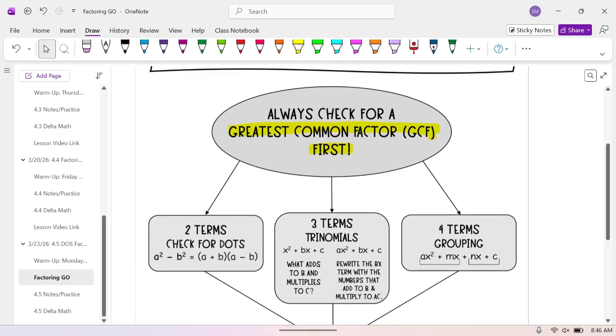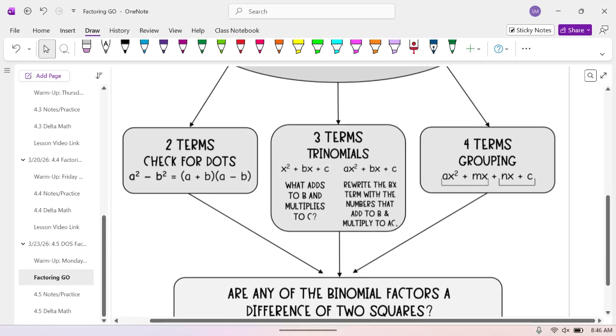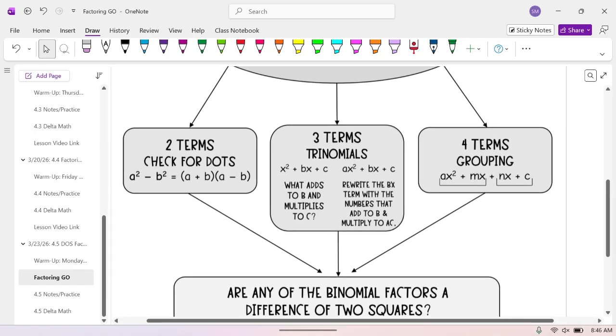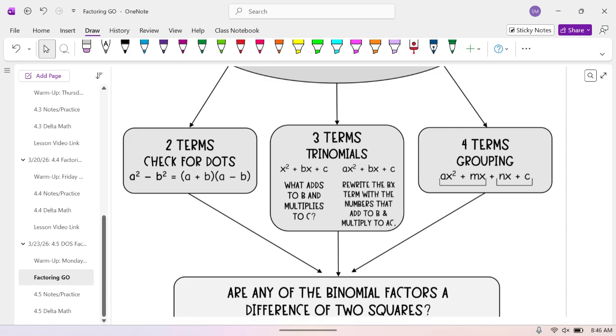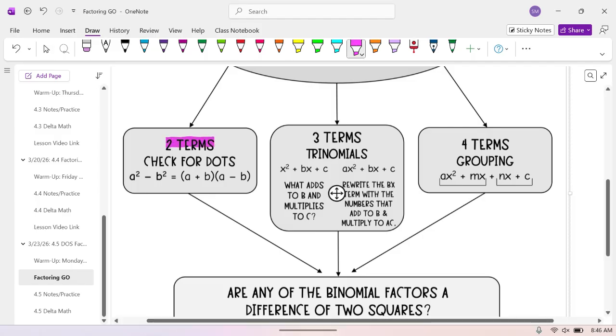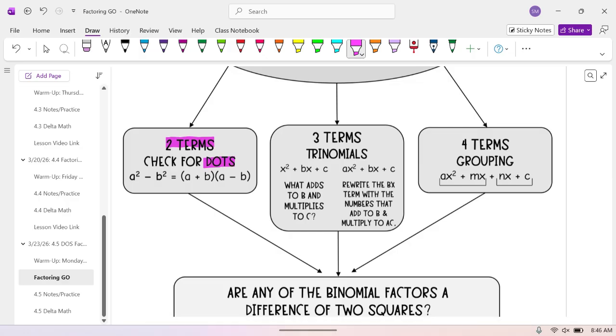Now, from there, you look at how many terms you have left after you factor out the GCF. So you look at whatever you have in the parentheses. If you have 2 terms, you need to check for a difference of squares. It may not always be a difference of squares. If it's not, you're done factoring.